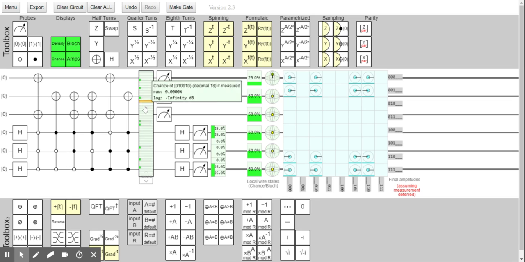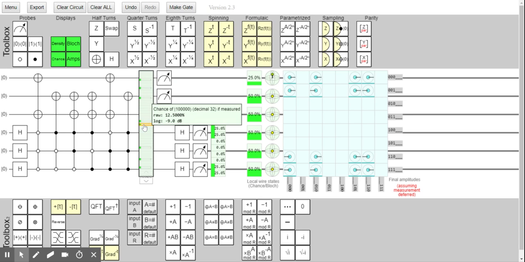Let's see if there's another 0, 1, 0. So there's another 0 on 0. So you basically have a superposition of 1, 1, 1 and 0, 0, 1.